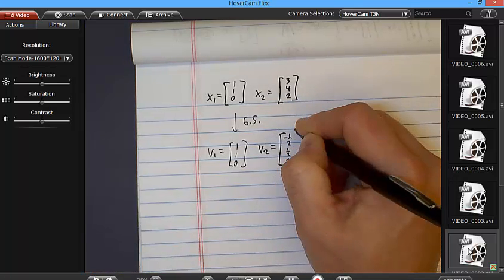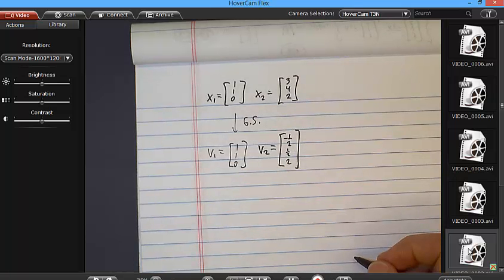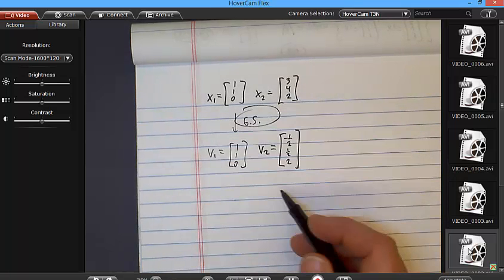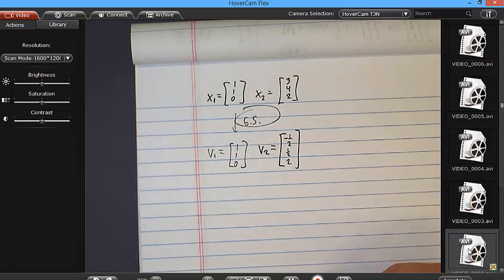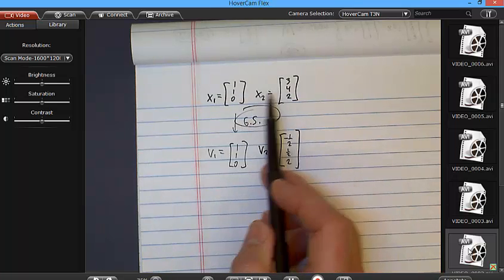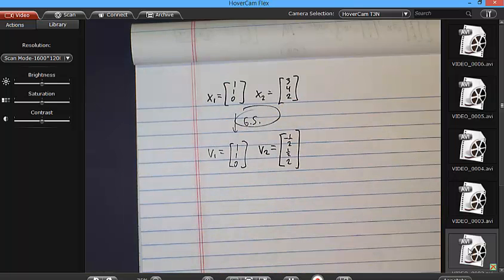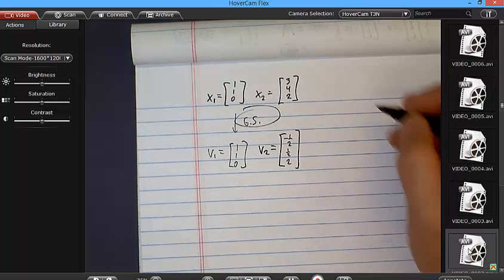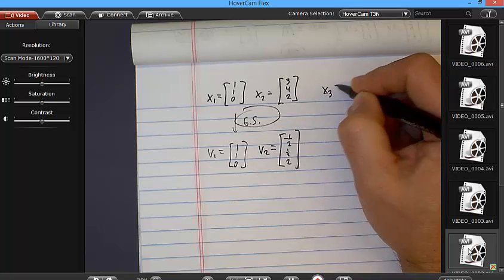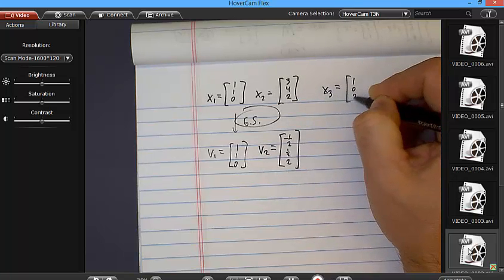So how do you get V3? Well, we could use Gram-Schmidt, but we need an x3. Does it matter what you use for x3? No. As long as it's not in the span of these two. So you need something that's linearly independent. For example, I might just take 1, 0, 0.